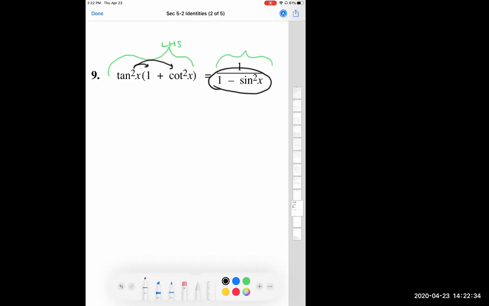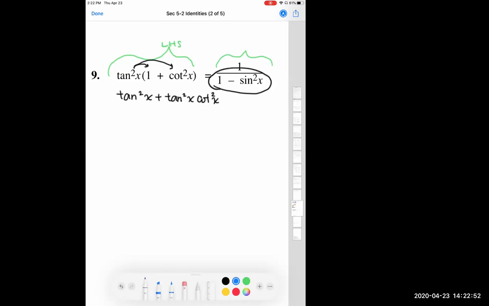Okay, so if we distribute, we're left with tangent squared of x plus tangent squared of x times cotangent squared of x. Okay, I'm kind of stuck. So let's try writing in terms of sine and cosine.